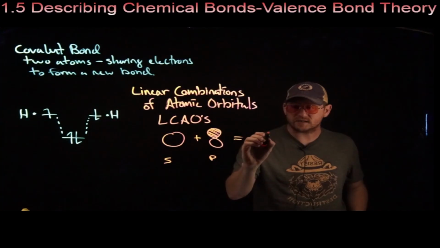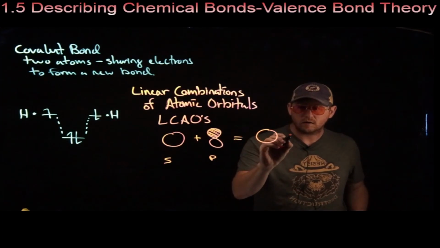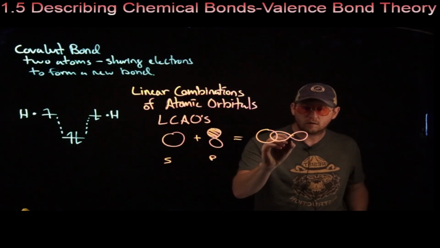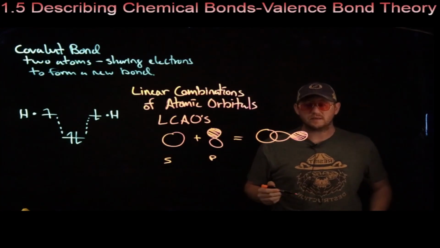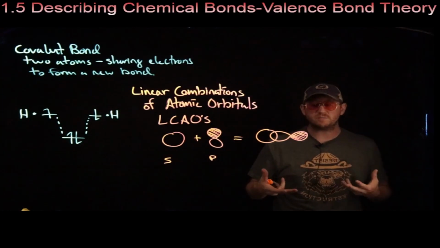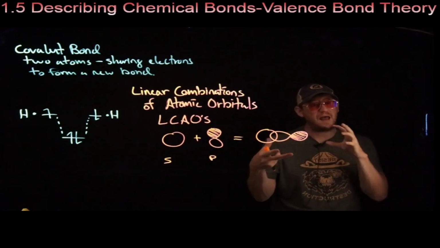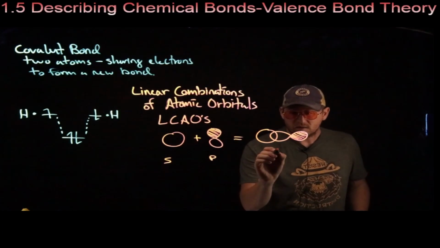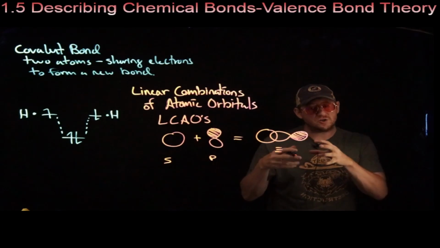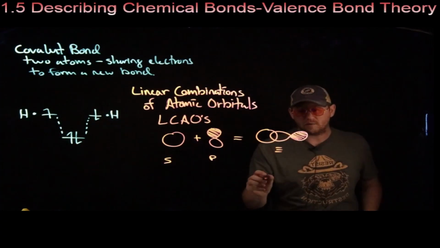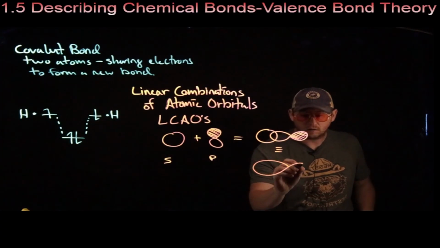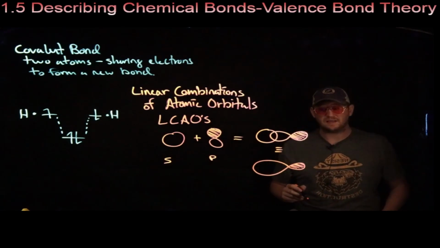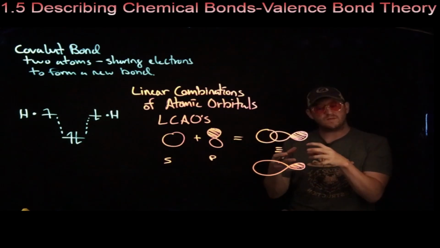And in this case, what we end up with looks something like this, where the two empty spaces shaded add together. And if we were to look at just the electron cloud around this shape, what it would look like then would be something like this, where we add these two and fill them together.